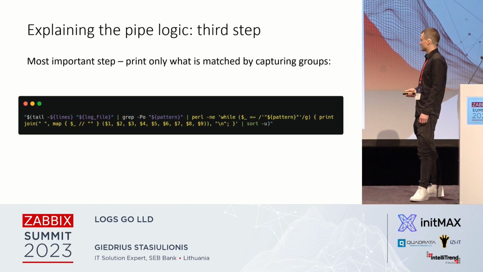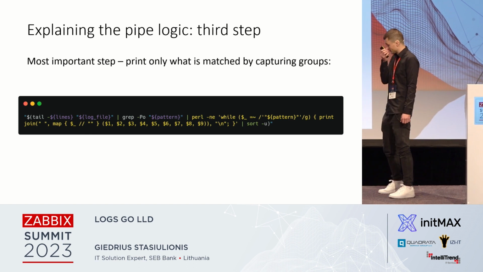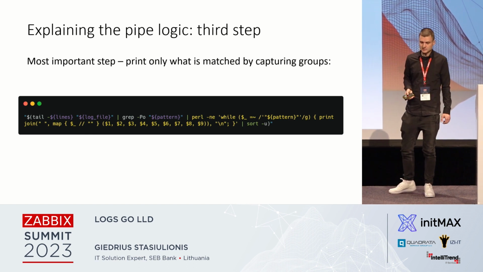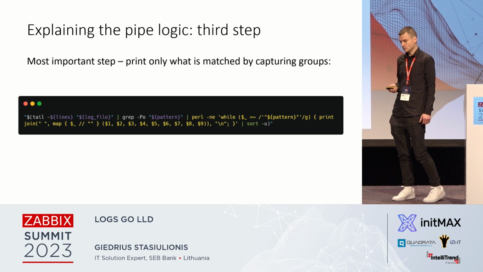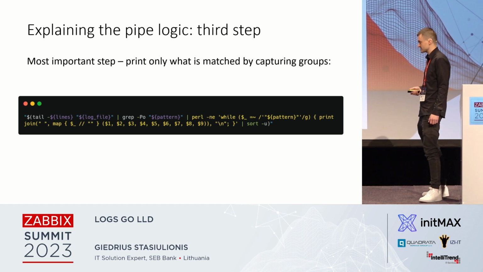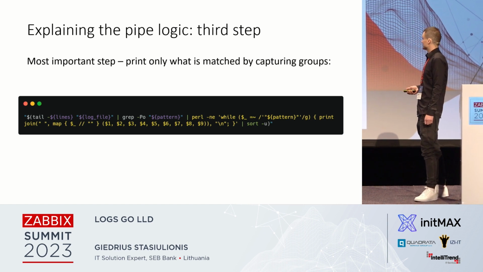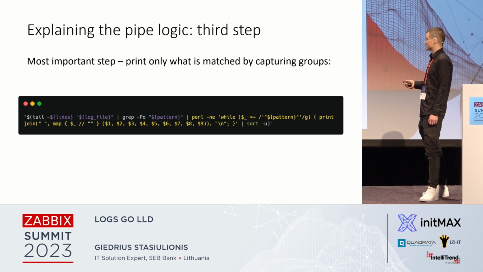Next step is actually the most important one. Here I invoke a Perl snippet, which prints out the output of all of your capturing groups, separated by space in this case. So if we say that this whole pipe is the essence of discovery, then this part is the essence of the pipe. It's the most important part here.